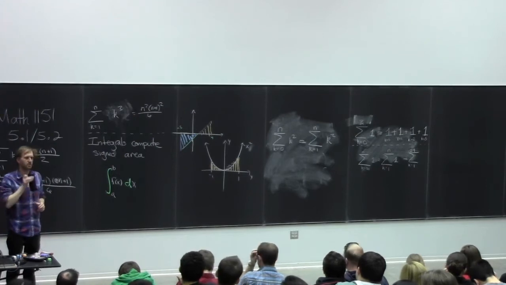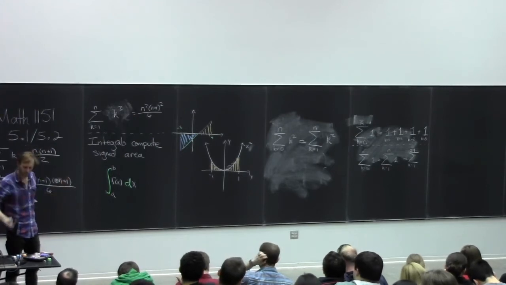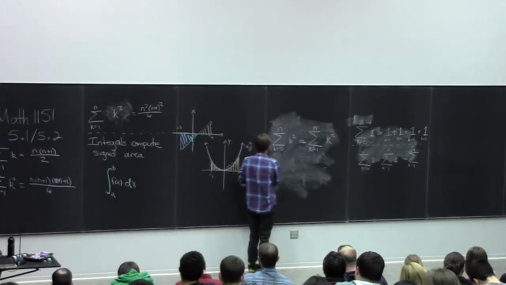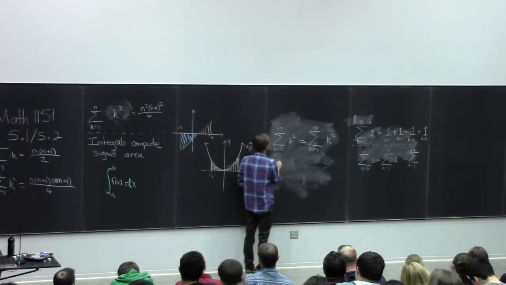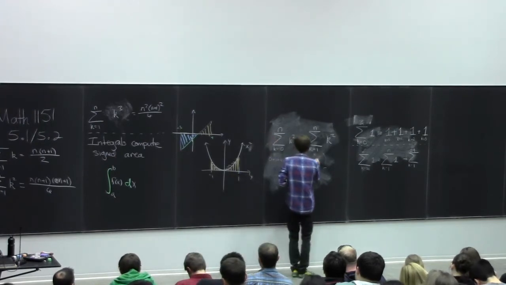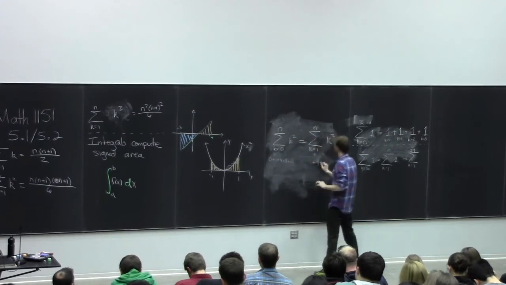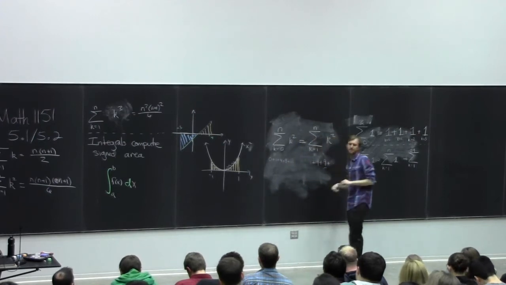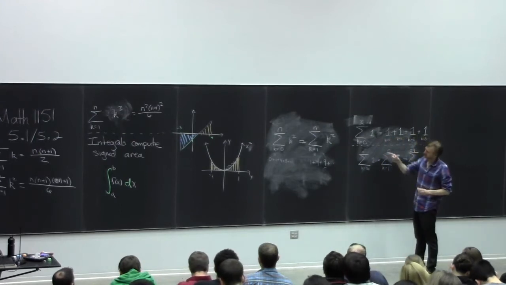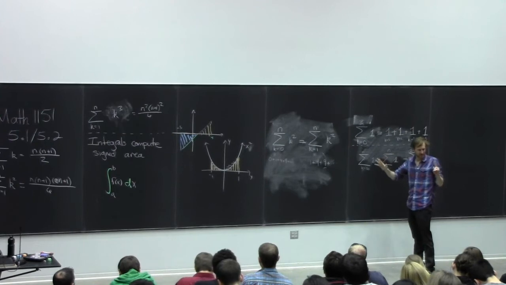Why is that true? So even though this one has an extra term in it, this one starts off 0 plus 1 plus 4 plus 9 plus dot, dot, dot. This one starts off 1 plus 4 plus 9 plus... So when k equals 0, maybe something weird happens, right?